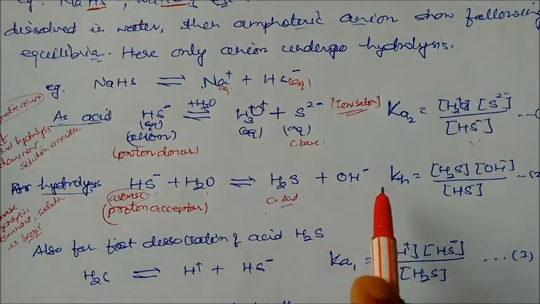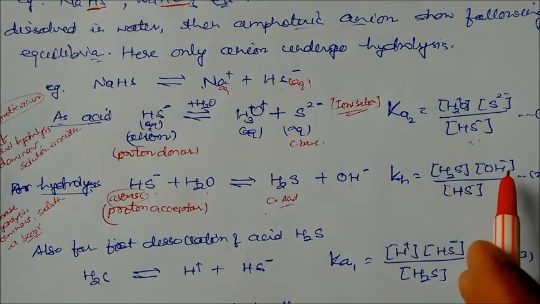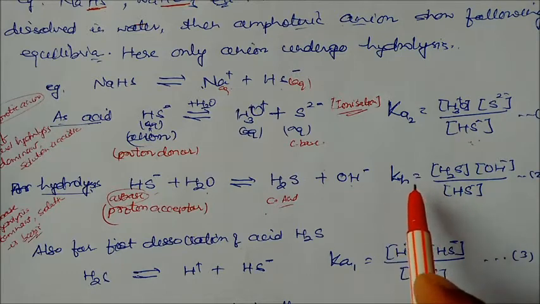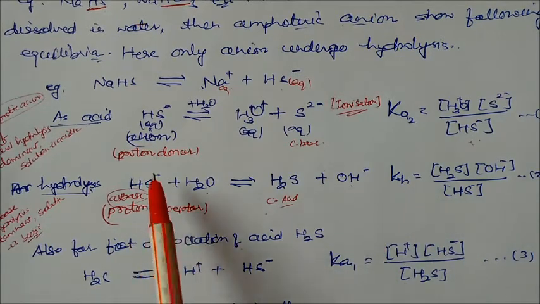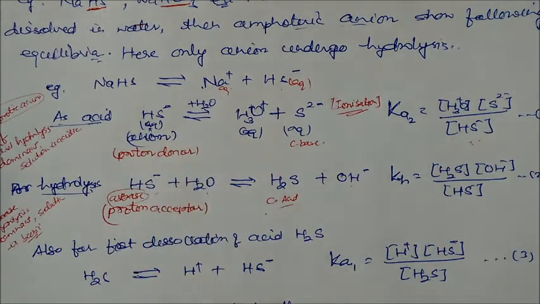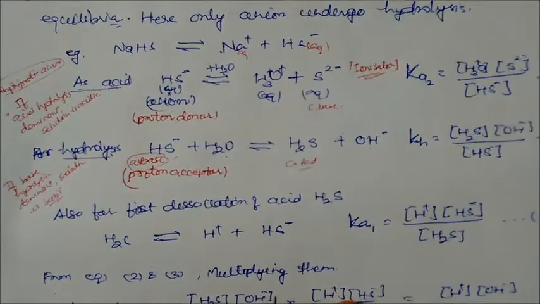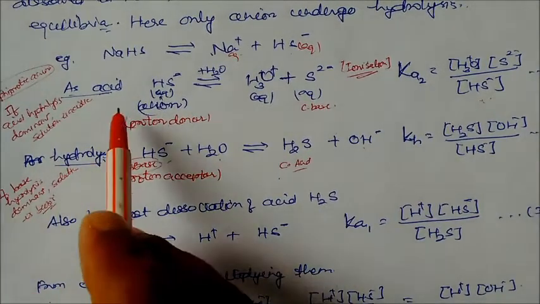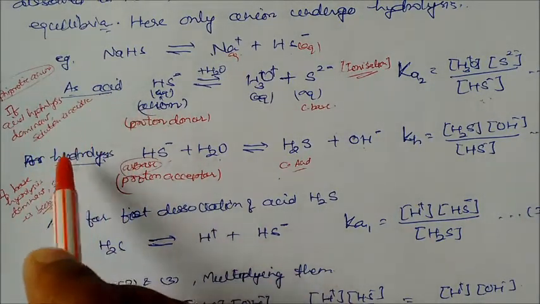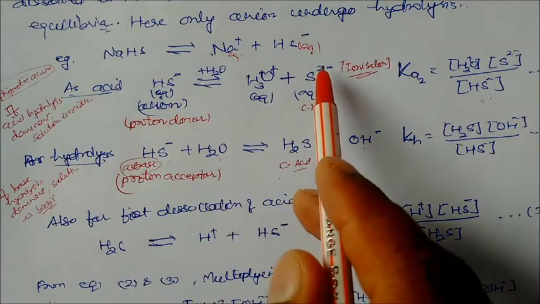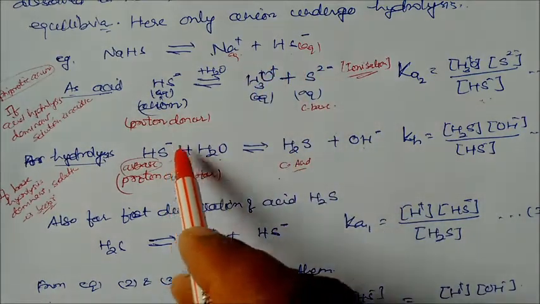So here we can write KH for H2S, OH⁻ and HS⁻. This is our KH, hydrolysis, reacting as a base, and as an acid reacting with the water. So this is the acid and this is reacting as a base. Now one more thing: if it is undergoing acid hydrolysis, then what will happen? Suppose the concentration of H+ is more than OH⁻, so the solution becomes acidic.